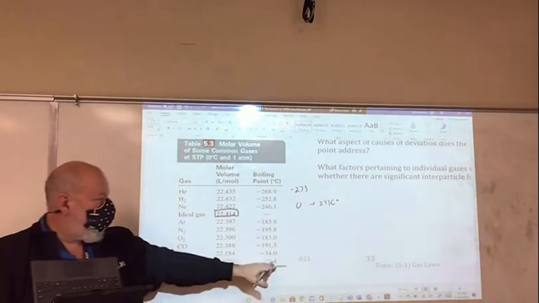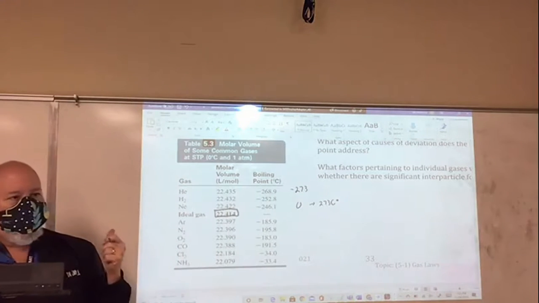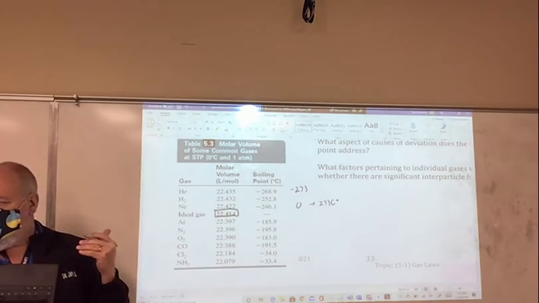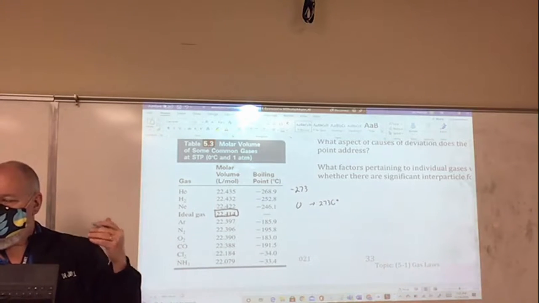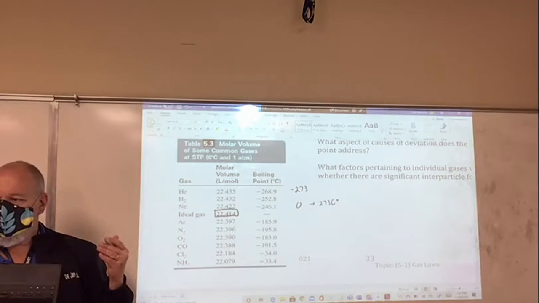What do you think the boiling temperature reflects? The higher the boiling temperature, the greater or less the interparticle forces? Less.